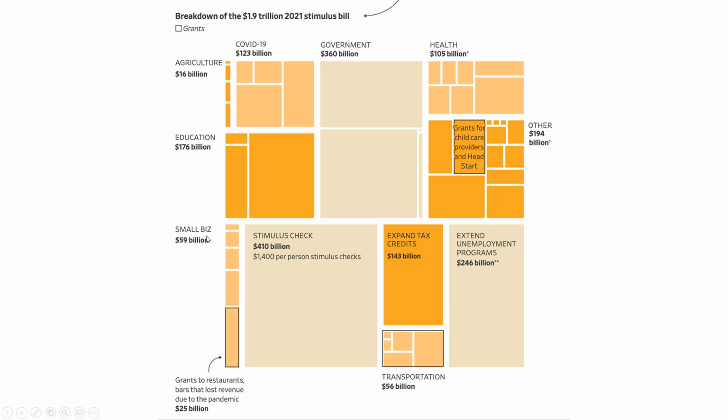We look at grants to small businesses getting almost $60 billion. And direct grants to restaurants and bars, that lost revenue, is going to be about $25 billion. Agriculture is getting $16 billion. Another 194. One of the big ones in here is grants for child care providers and Head Start. So this is how the money is being, how it breaks down, this $1.9 trillion.